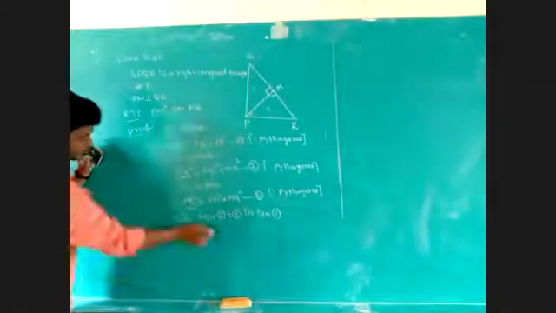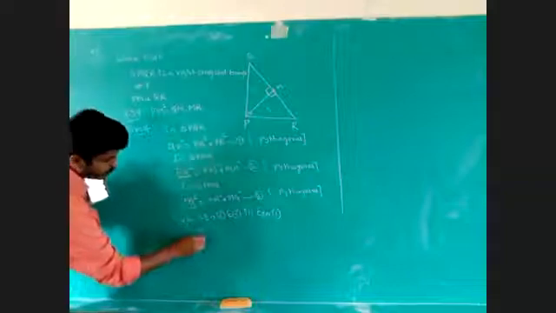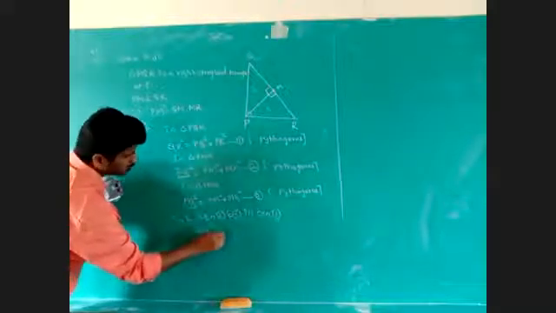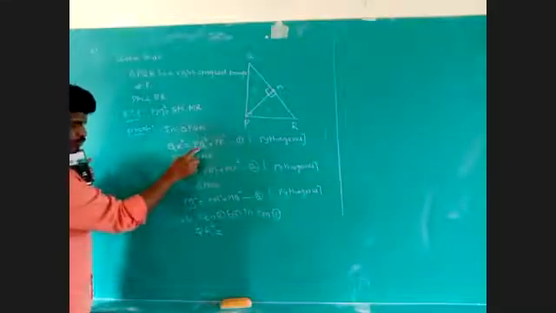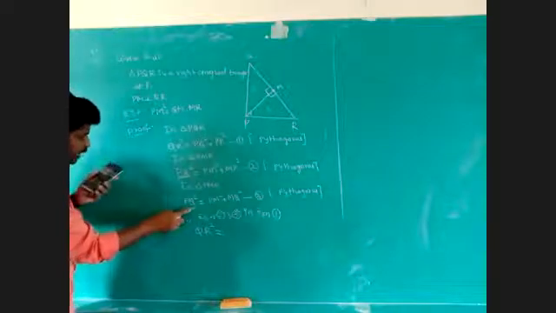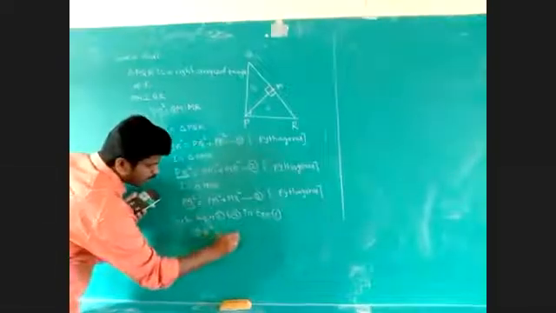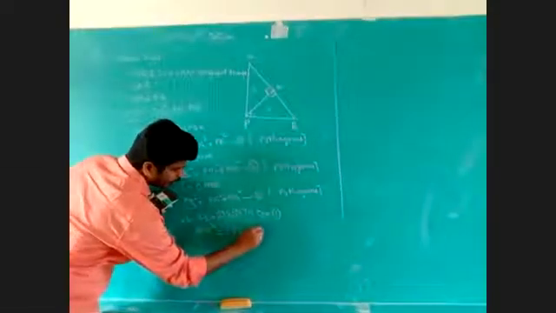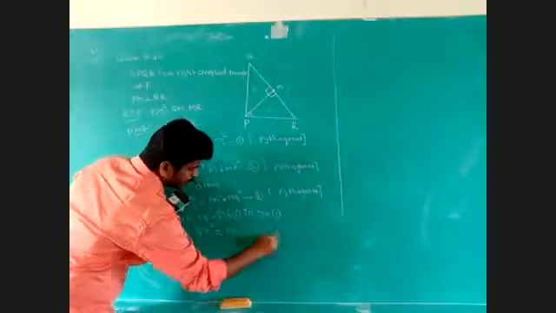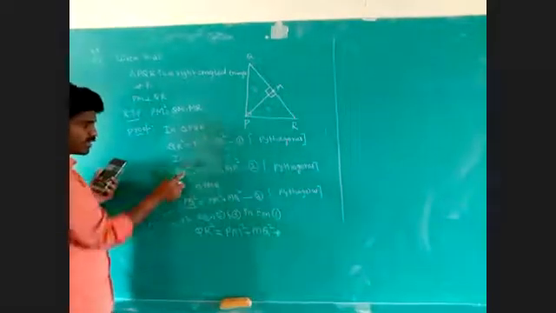Then in equation number 1, QR square equals PQ square plus PR square. What is the value of PQ square? PM square plus MQ square. What is the value of PR square?